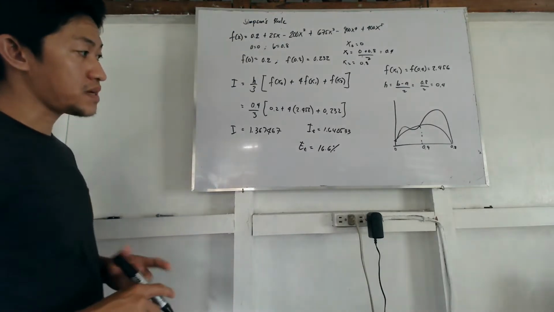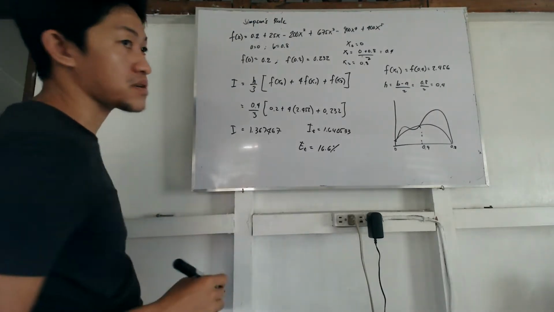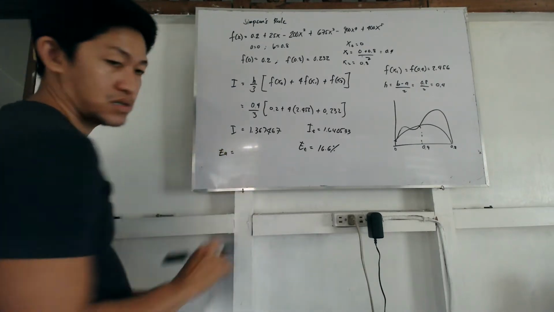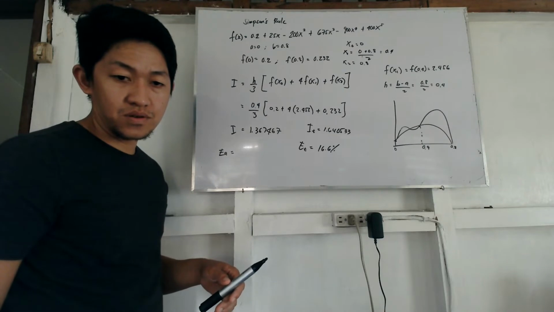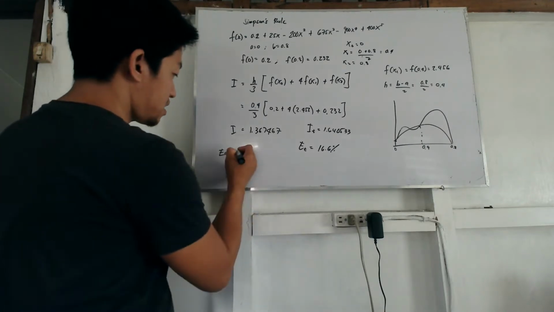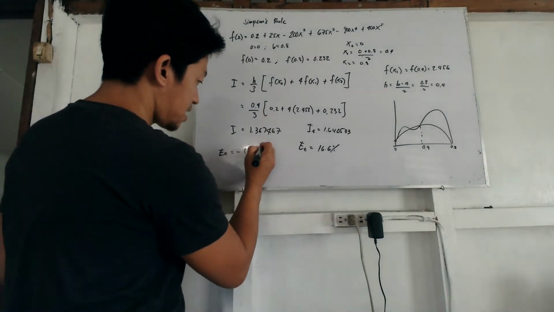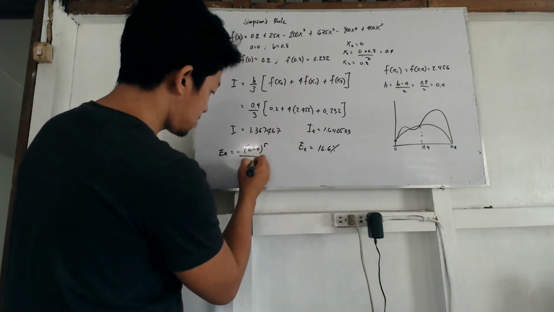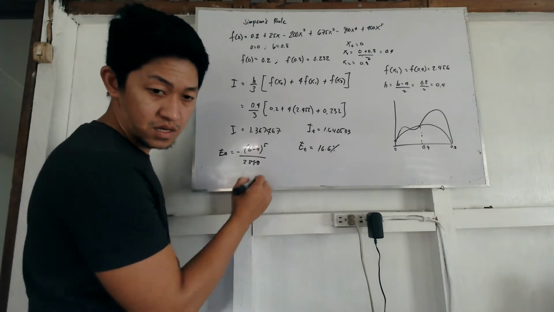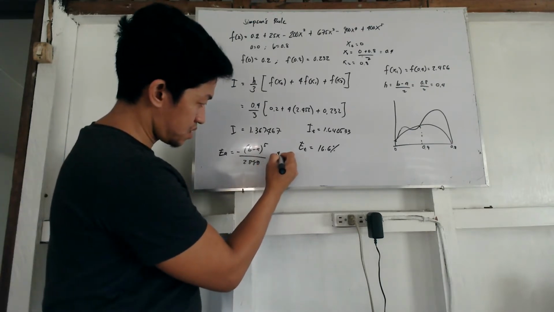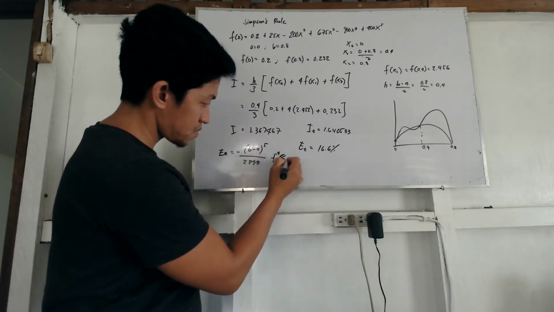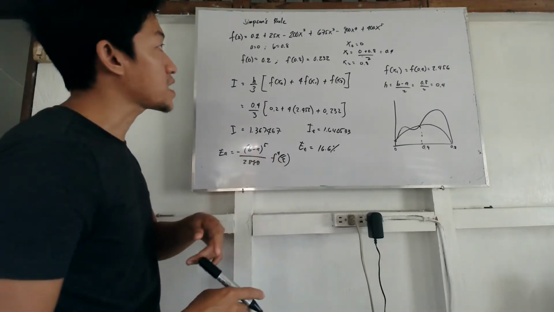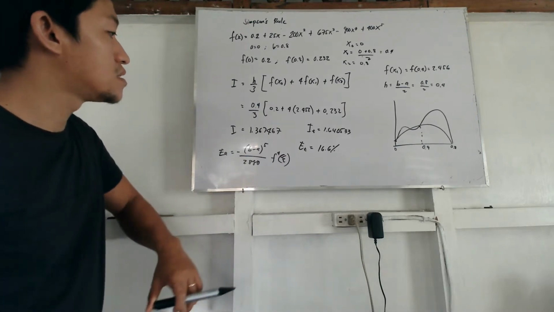Now we will estimate the approximate error, and we know that the equation is negative b minus a raised to 5 times, to get the fourth derivative of the function, the average value.